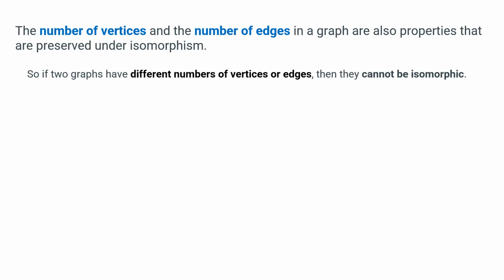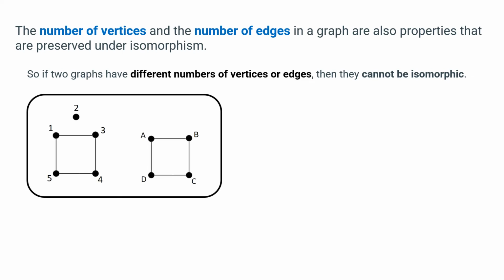We have some other properties that are also preserved under isomorphism: number of vertices and number of edges. So if two graphs have a different number of vertices or edges, then we know they can't be isomorphic based upon this statement.